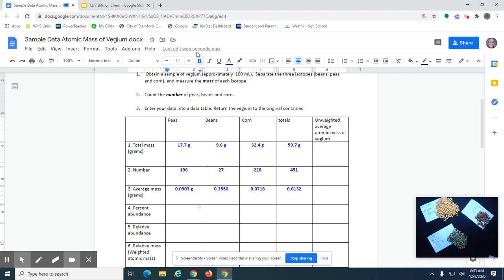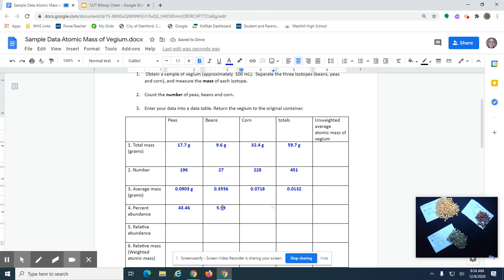So 196 divided by 451 times 100 gives us our number here, 43.46%, and 27 divided by 451 times 100 is 5.99.